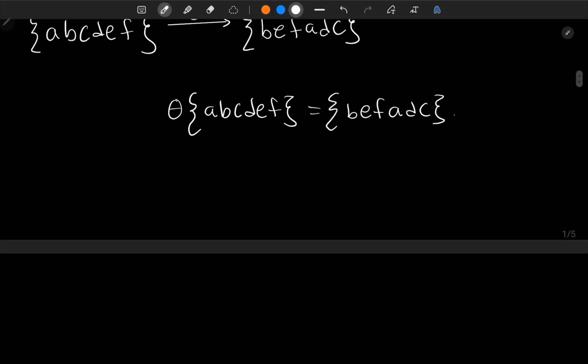Or we could say that theta is equal to the following. It's equal to 2, 5, 6, 1, 4, 3. And another way of writing this notation is the following.